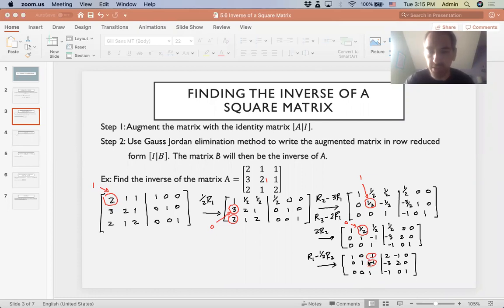I want this 1 and this -1 to become 0. And I can do that by taking my R1 and subtracting R3 from it, and then taking R2 and adding R3 to it. My row 3 is already set in place, so let's see what R1 and R2 are going to be.